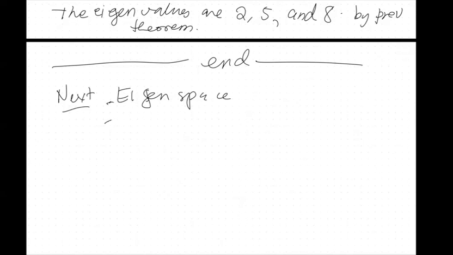And then we will also consider the relationship with diagonal matrices, specifically diagonalizability of our matrix. That is, we can write the matrix of the operator as a diagonal matrix.